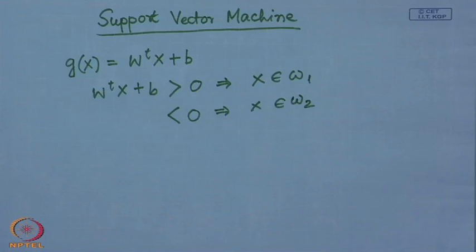So, here you find that for classification purpose, the actual value of g of x is not really very important, but what is important is the sign of g of x. If the sign is positive, I infer that x belongs to class omega 1. If the sign is negative, I infer that x belongs to class omega 2.